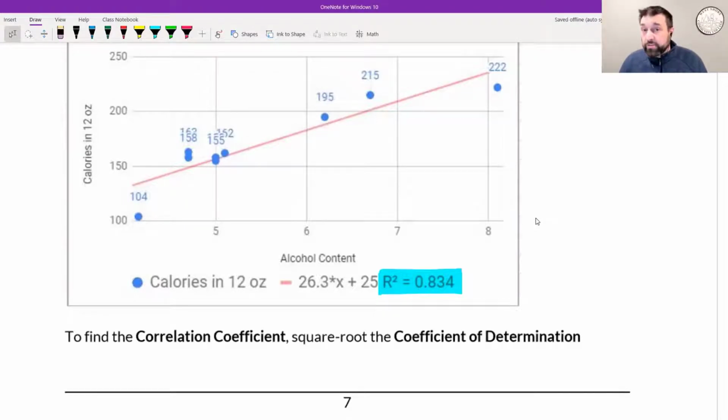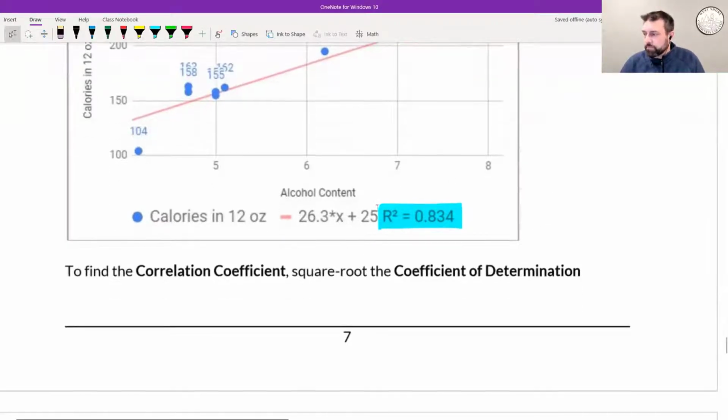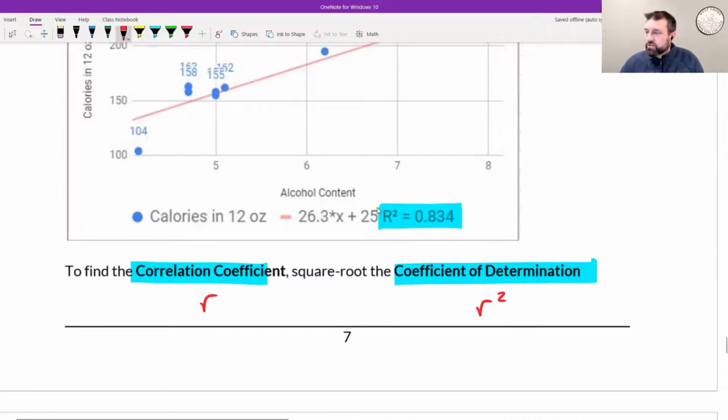Now, what if the problem is asking for R? Well, you just take the square root of that number and that'll give you R. If R squared is 0.834, then R is the square root of 0.834. That is the correlation coefficient, which is R, and the coefficient of determination, which is R squared.